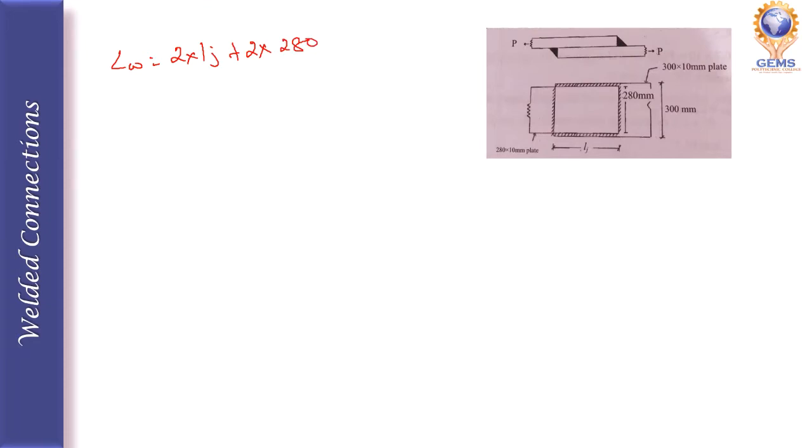So here Lw value we know, 1151.4 is equal to 2 into Lj, which we have to find, plus 2 into 280. So Lj value is equal to 295.2 mm. This 295.2 mm is less than the width of the plate, so we assume 300 mm.